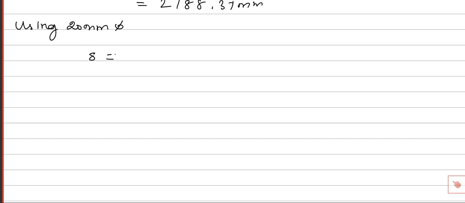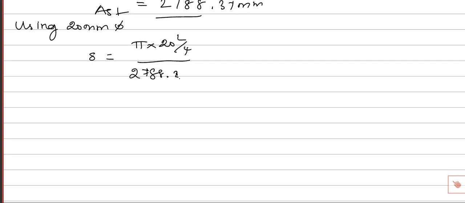So the spacing is equal to pi by 4 into 20 square divided by this AST value, 2788.37, into 1000. So the answer will be 112.66 mm. Let's say 110 mm.